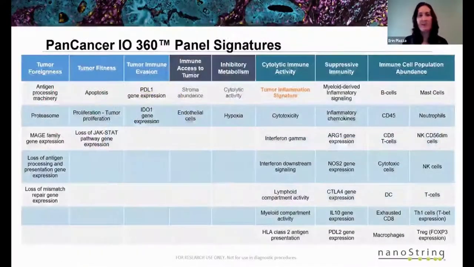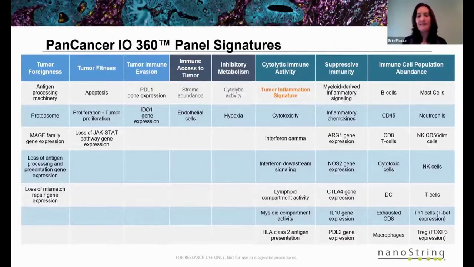In addition to the tumor inflammation signature, pan-cancer IO360 was designed with a number of other signatures in mind. Many of these are related to the immune response, as that's the primary focus of the panel, but a few of those are also related to the tumor itself and to the microenvironment.